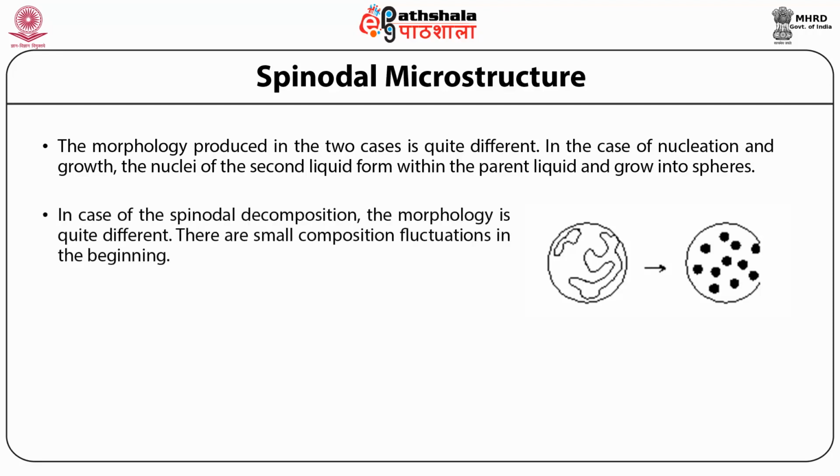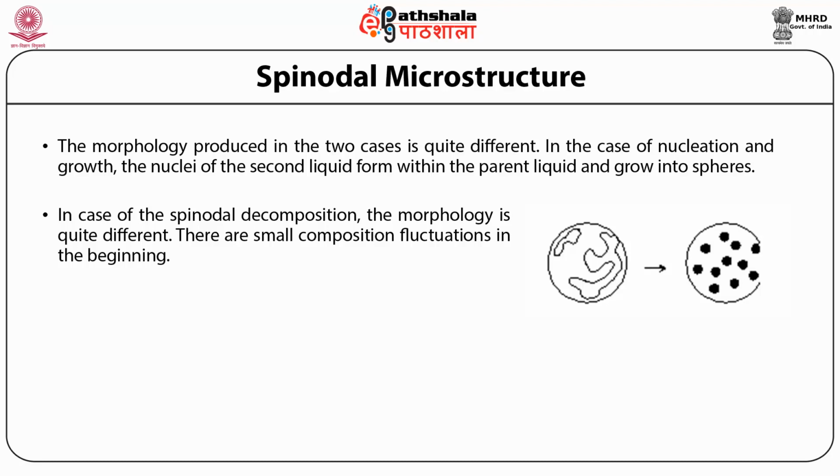However, in case of spinodal decomposition, the morphology is quite different. There are smaller composition fluctuations in the beginning, which we have discussed. The boundaries between two phases are diffused and the two phases are interconnected and spread throughout the whole volume.